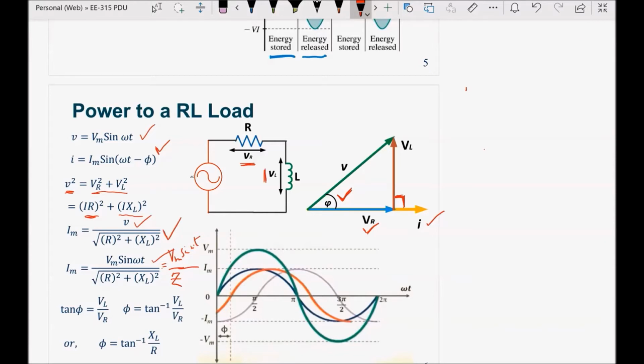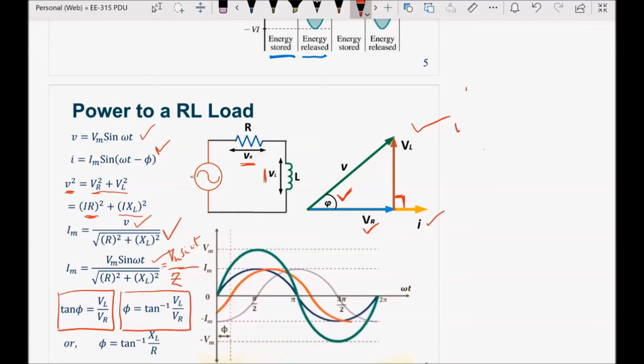Cool. To compute the value of phi, which is the angle between the current and the total voltage, again consider the right angle triangle, the phasor diagram. If you take the tan of the angle, tan phi is going to be equal to VL by VR, and the value of the angle is going to be tan inverse of VL by VR.